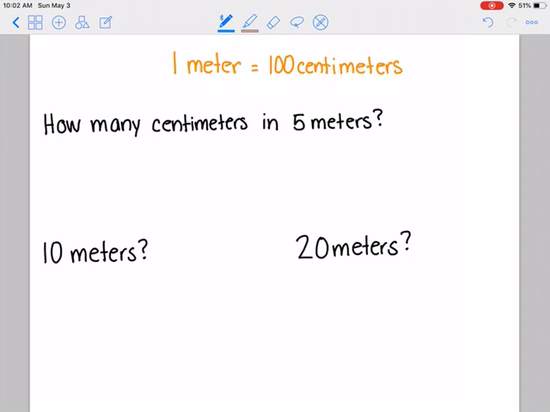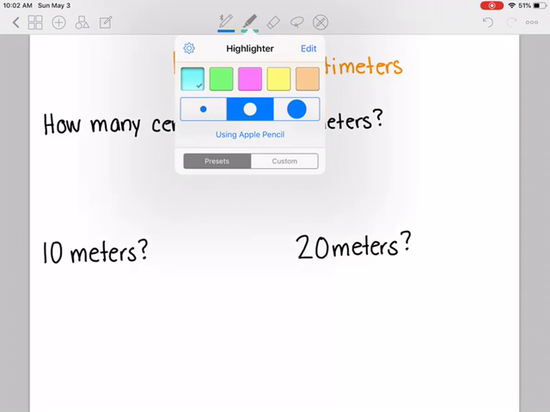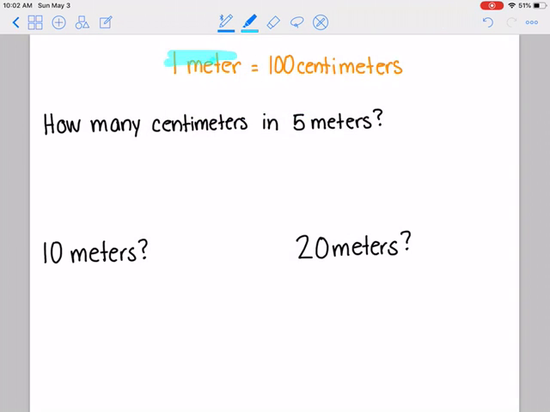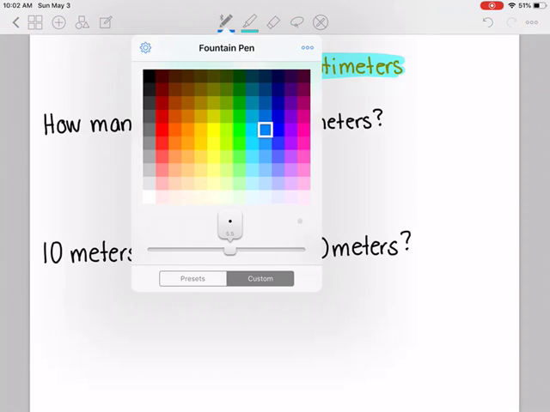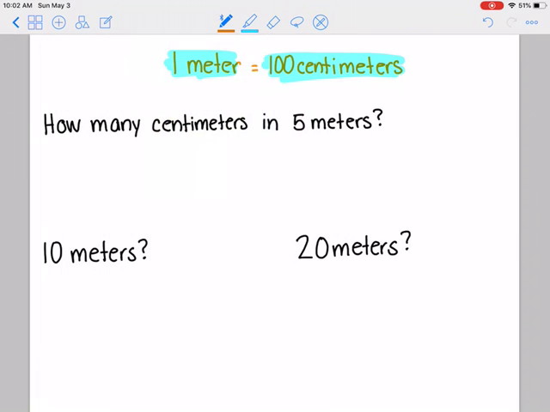Here it says meters to centimeters. 1 meter is 100 centimeters. So how many centimeters are in 5 meters? Well, I know if 1 meter is 100 centimeters, you have to do times 100 for every meter.